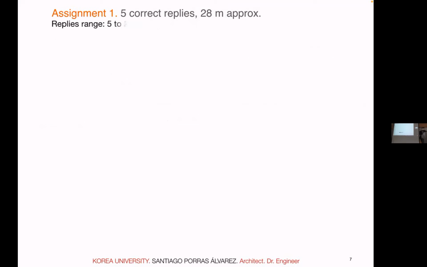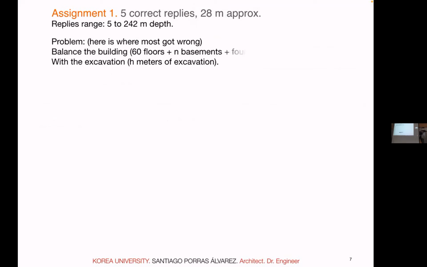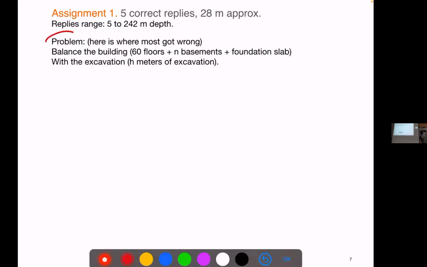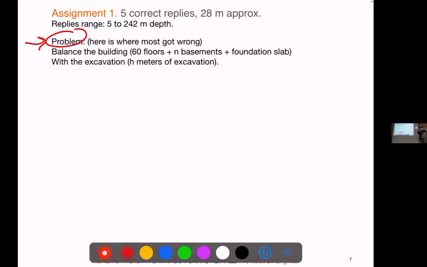So how do we make the calculation? The problem is understanding the problem, and this is where most people got confused, because of going too simple and saying, okay, 36 floors is 10 meters, so 66 floors is probably 20 meters. I had many 20 meters.